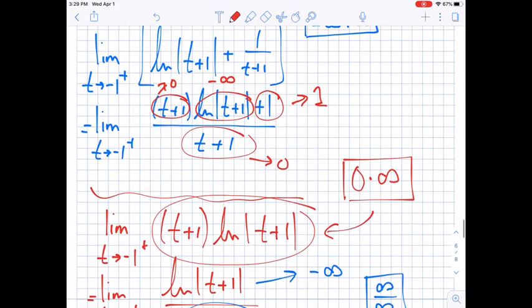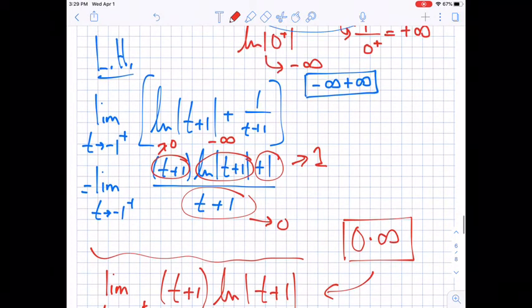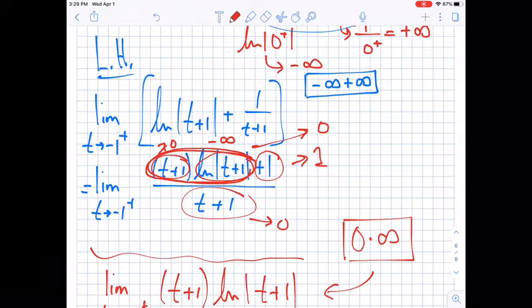So that's fine. That means that this whole thing right here approaches 0. So now, that means that this limit as t approaches minus 1 from the right, what we have is the first term, which is 0.